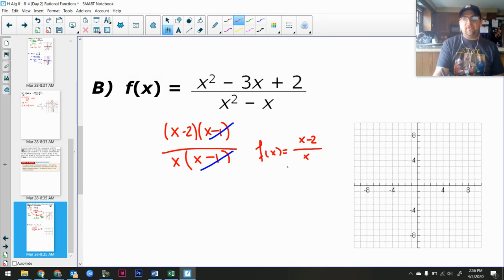Well, I now have to graph this. We know how to graph it. We just finished graphing those things. So the 0 is at x equals 2. There is a vertical asymptote at x equals 0. I should change colors here.